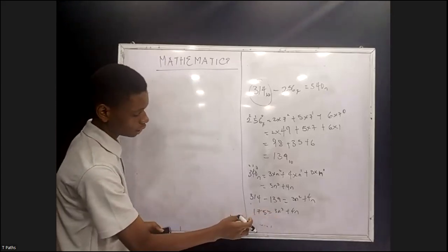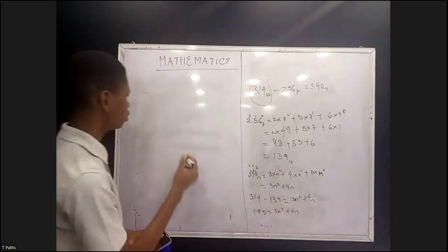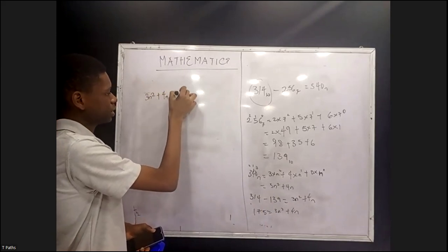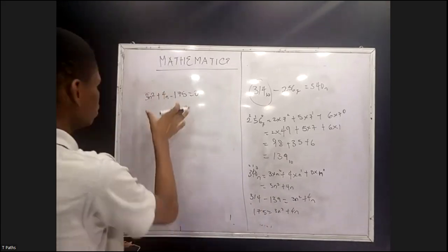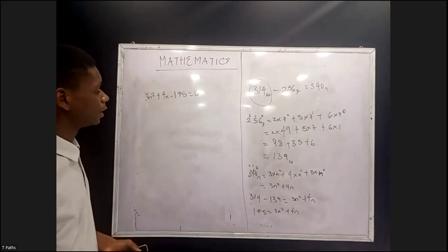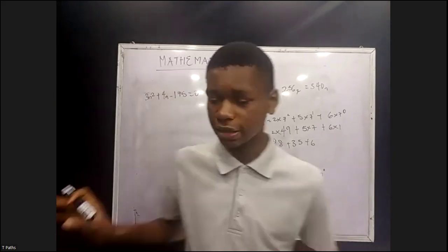So what I want to do is make this look like the general form of a quadratic equation. So how do I do that? I say 3n squared plus 4n minus 175 is equal to 0. If I want to use factorization, I'll find the factors of 175 times 3.